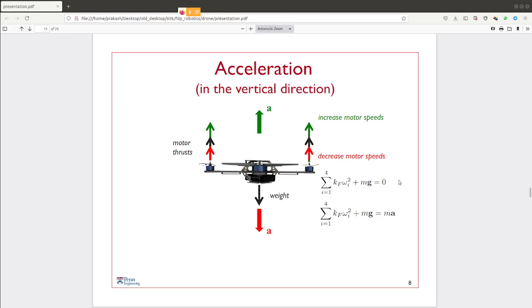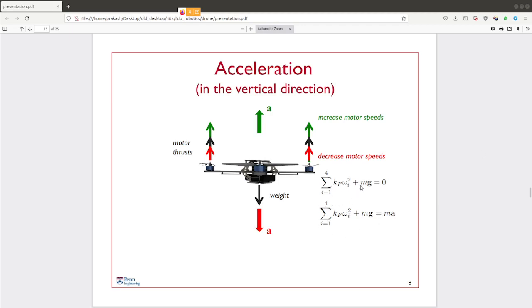If that net force is equal to 0, then there won't be any acceleration either upward or downward. Otherwise there will be an acceleration, and it depends on what that net force is.